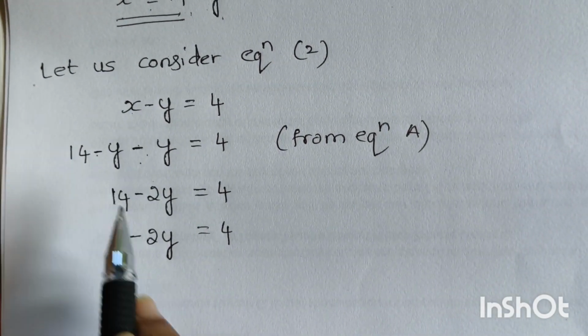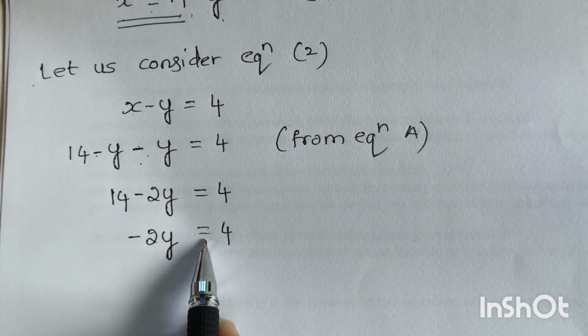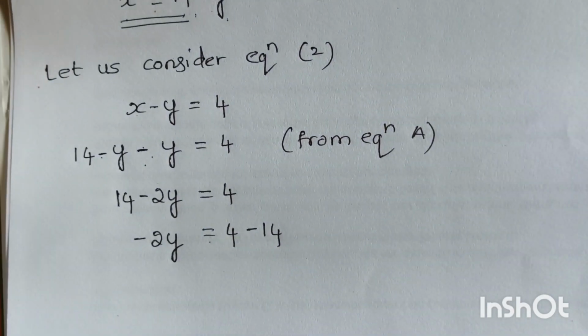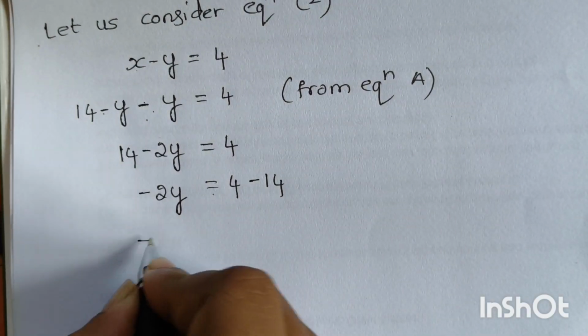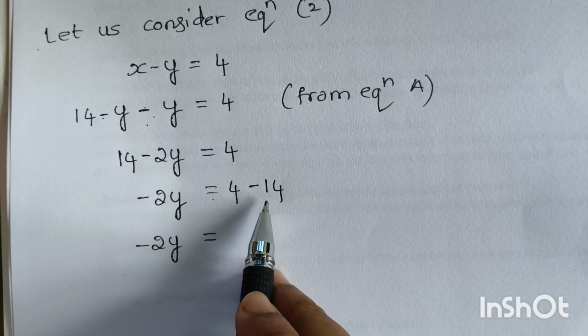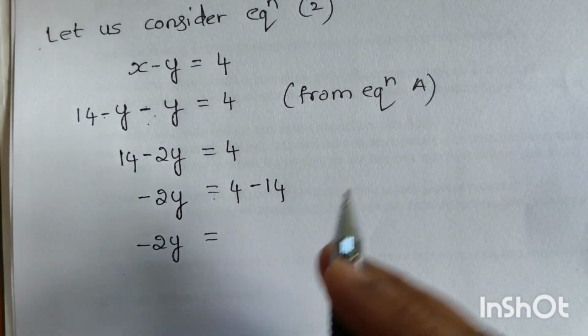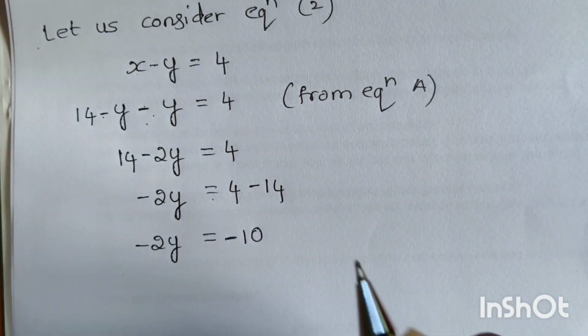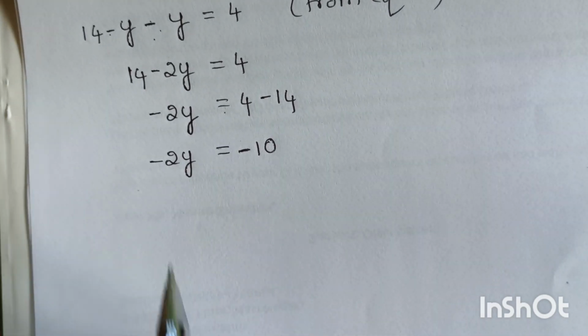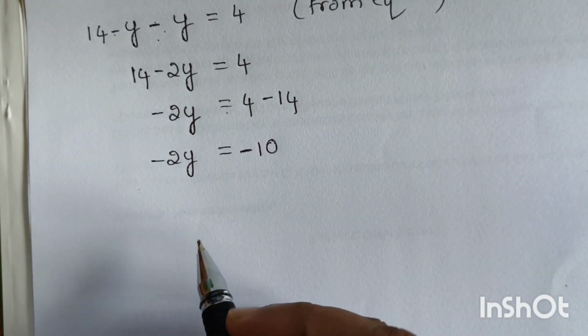This plus 14, when it crosses the equal to sign, will become minus 14. Now minus 2y is equal to plus 4 minus 14, which is minus 10. Now here minus and minus, we can cancel them out.